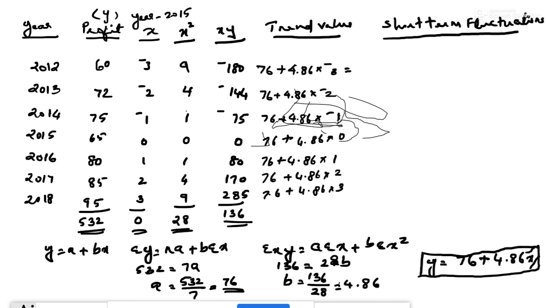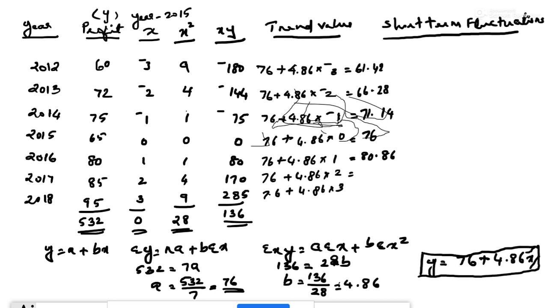So the trend value for 2012 will be 61.42. Then second year, that is 76 plus 4.86 into minus 2, that is 66.28. Then third year it is 71.14. Then next year 76. Then 80.86.